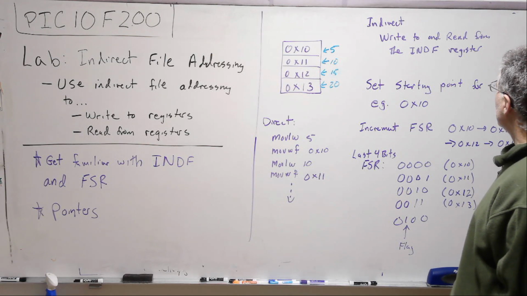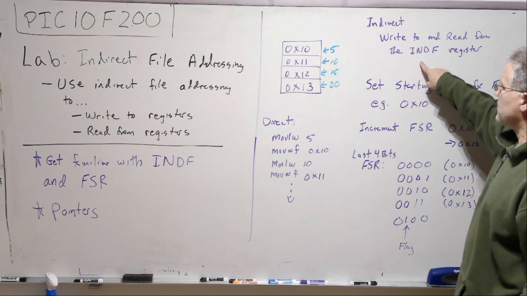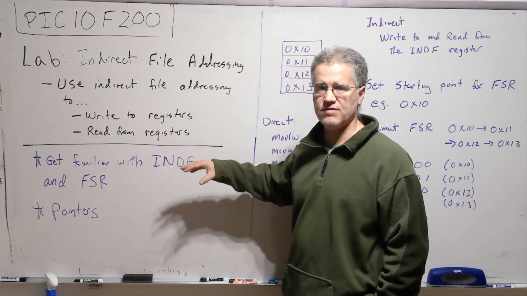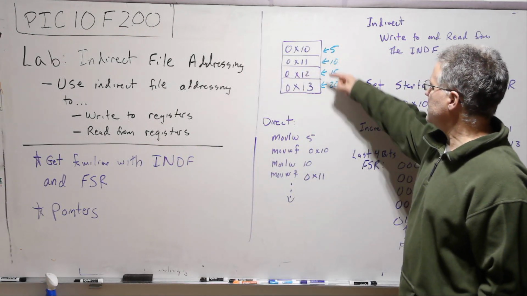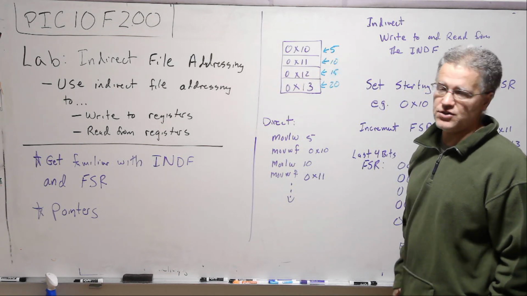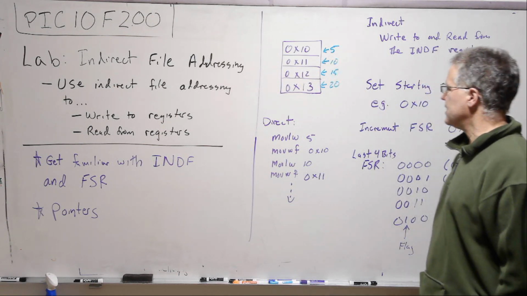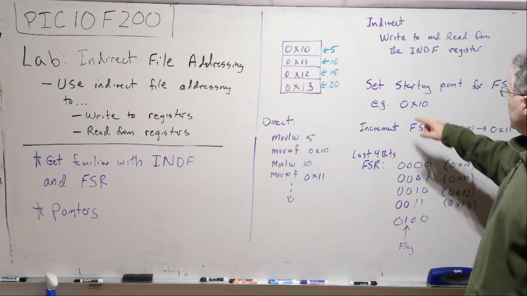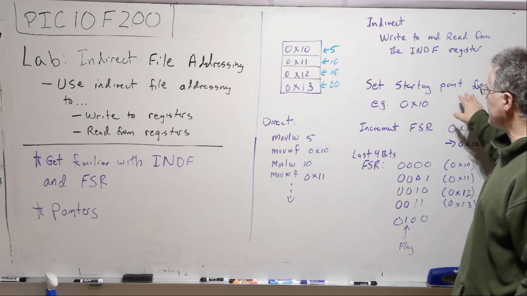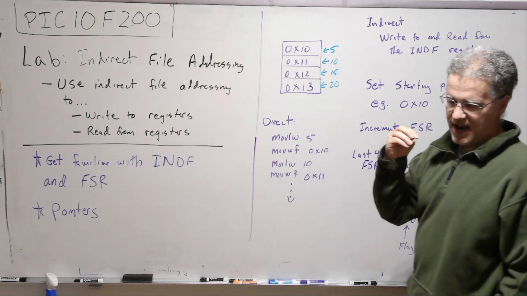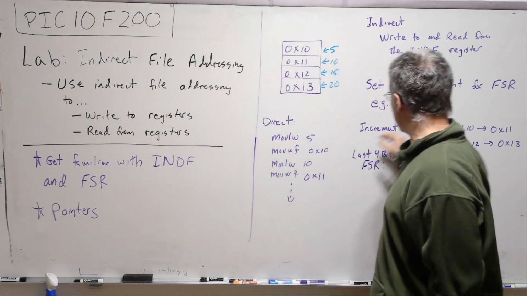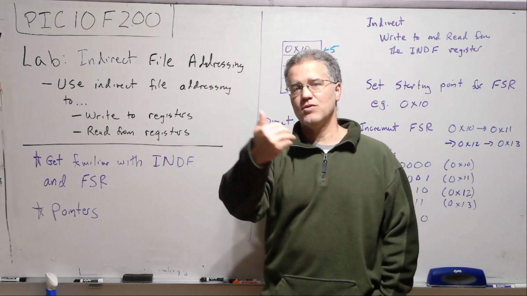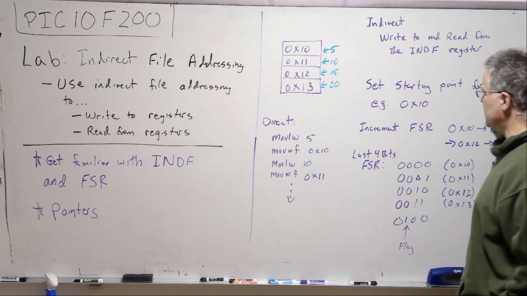So we're going to write to and read from the INDF register, even though this won't change itself. It just points us to the different memory registers in the PIC10F200. Now, what we do is we set a starting point, so we take this as a literal, put it into the working register, and then write that to the file select register.